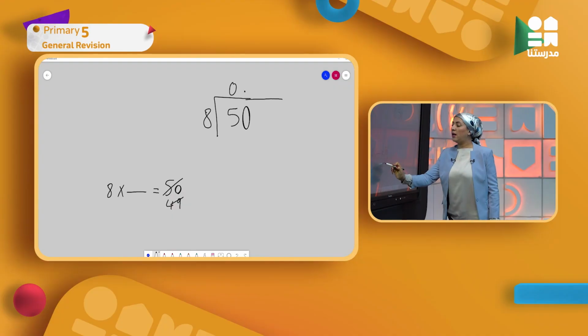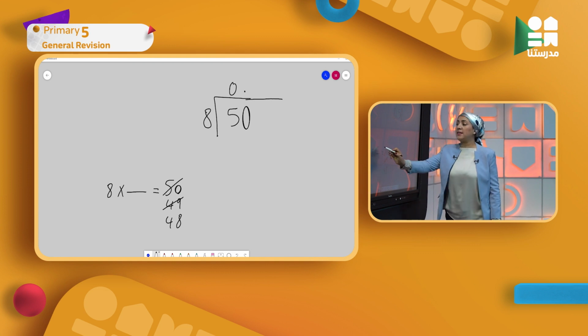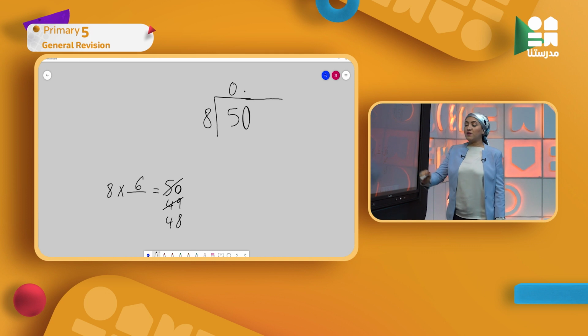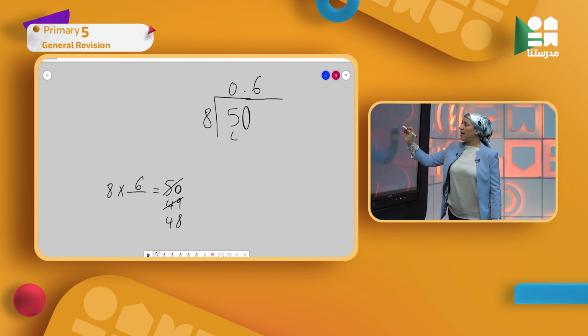No. Then I will ignore it and take one less. 48. Is there something in table 8 that gives me 48? Yes, I have 6 in table 8. 6 times 8 gives me 48. So here the answer will be 6. 6 times 8 is 48.